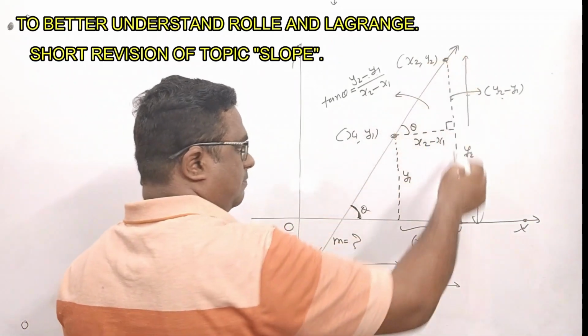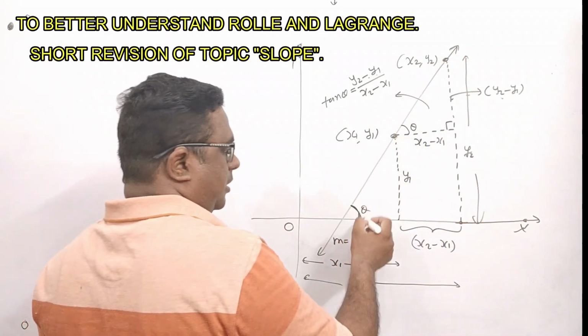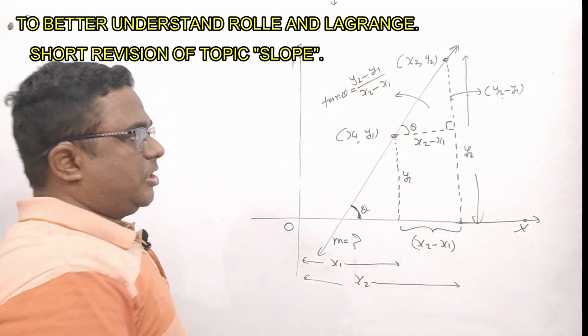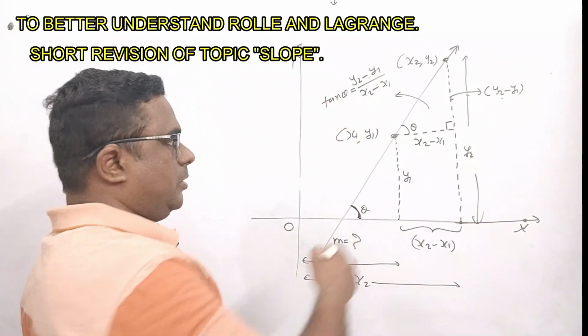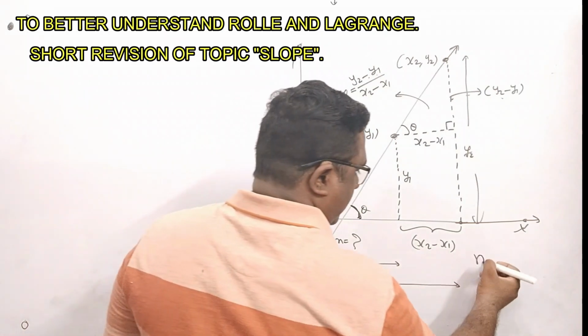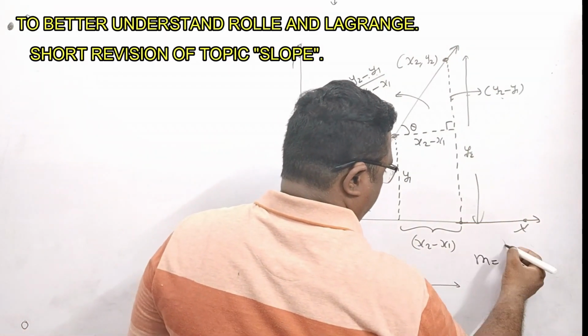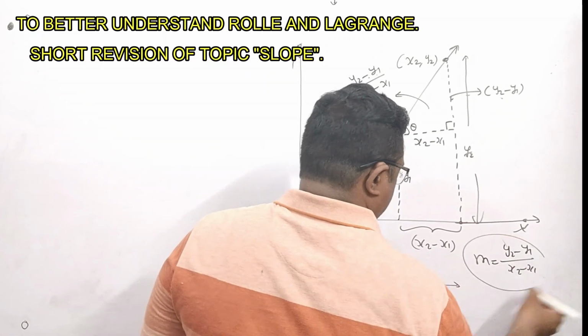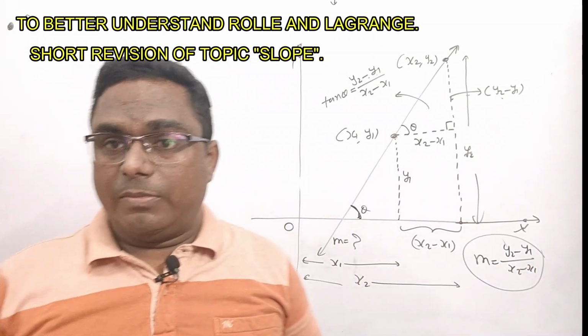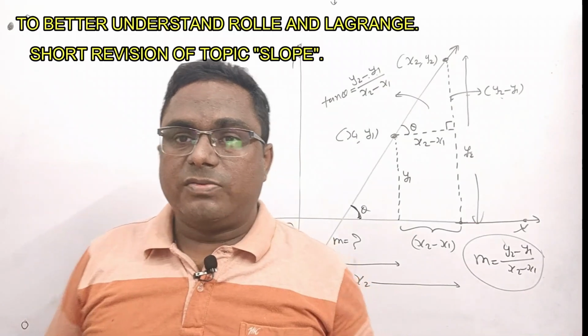So for this whole triangle also, tan theta will be same y2 minus y1 upon x2 minus x1, and tan theta is called the slope of a line. So a slope of this line will become m equal to y2 minus y1 upon x2 minus x1. So this formula we have to remember. What does this formula tells us?